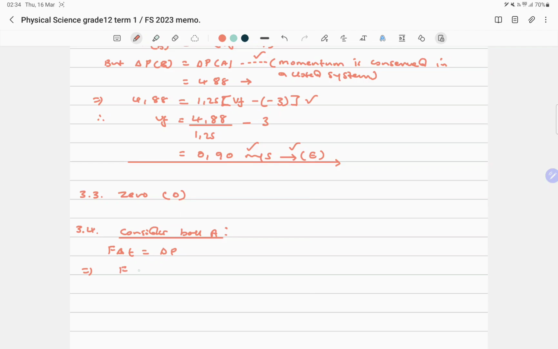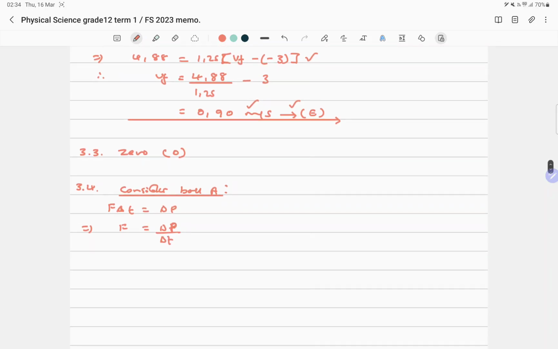So we know that this implies that F is going to be equal to delta P over delta T. I hate those deltas also. But anyway, what can I do? So we know that this one was minus 4.88 divided by, now the time is 0.2. So let's get the answer. Nice and easy. 4.88 divided by 0.2 is 24.40 newtons.